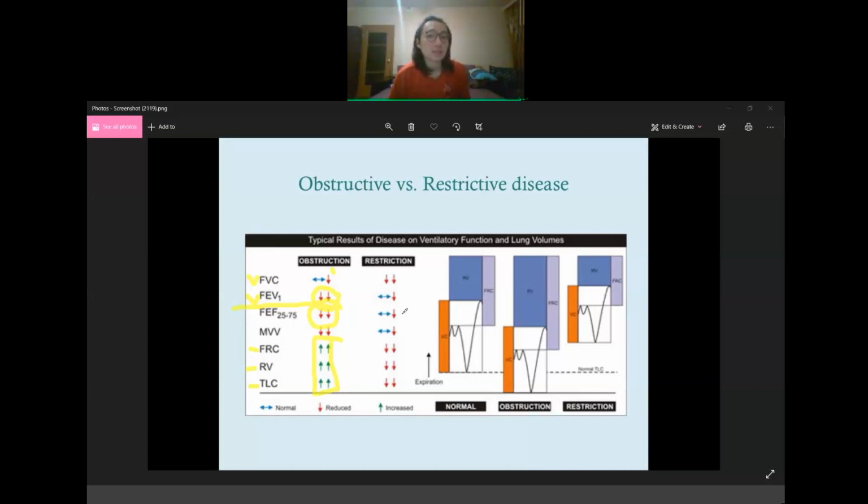So that is why your FEV1 can be normal in your restrictive lung disease, but your vital capacity can decrease. Your vital capacity can decrease simply because the lung parenchyma is affected.